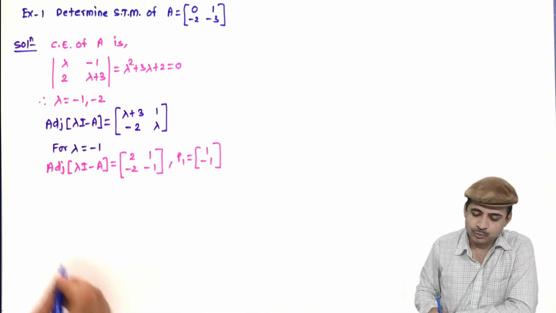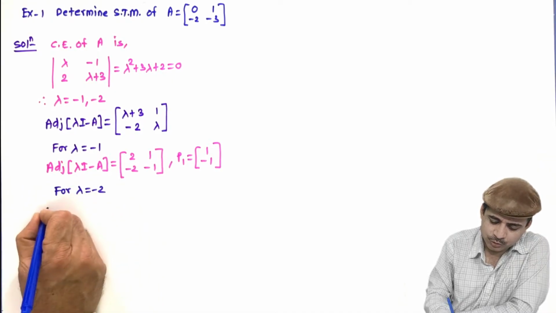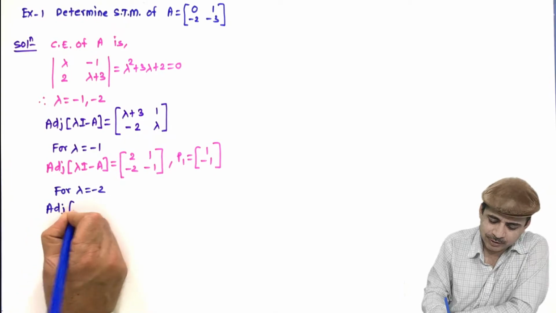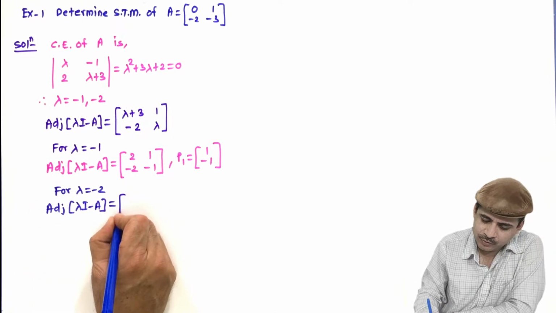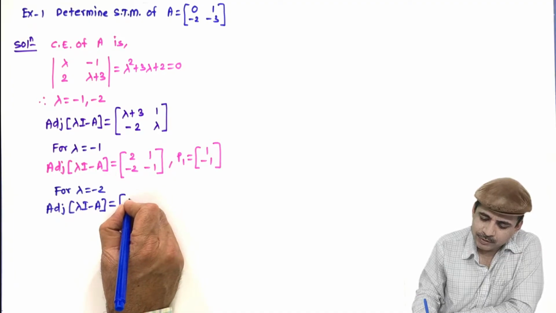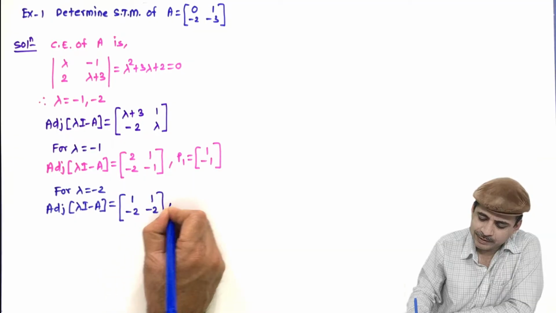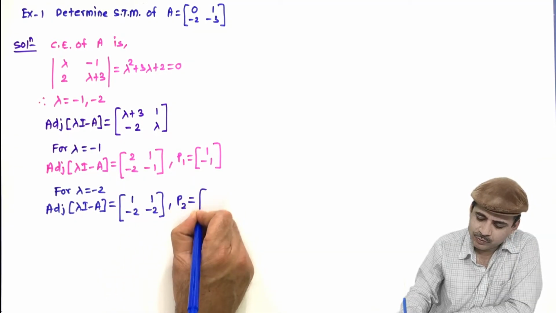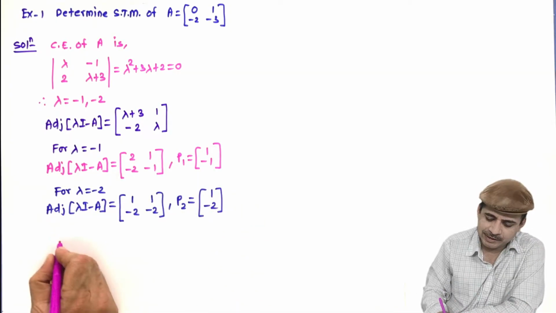For lambda equal to minus 2, the adjoint of lambda I minus A is [1, 1; minus 2, minus 2], and that means P2 is [1; minus 2]. So I have the matrix P.